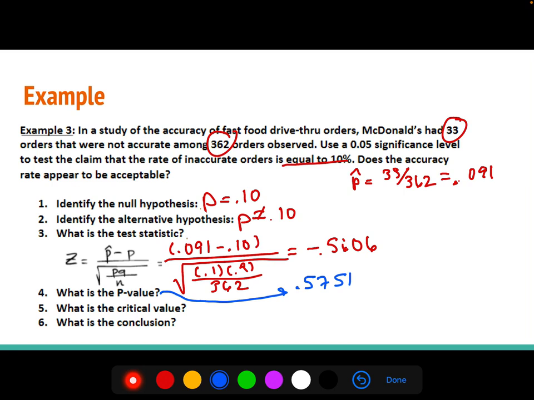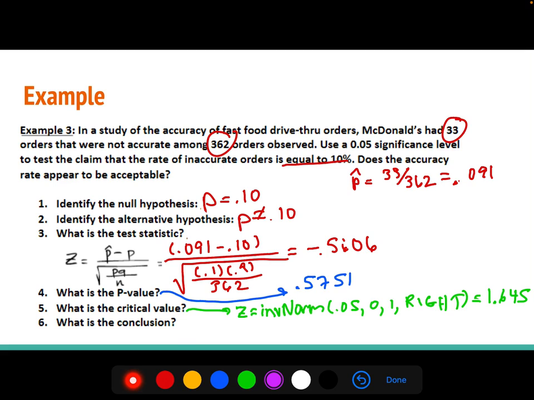Now to find the critical value, that's Z is the inverse norm, and it's 0.05, 0, 1 on the right side, and it's 1.645 again.